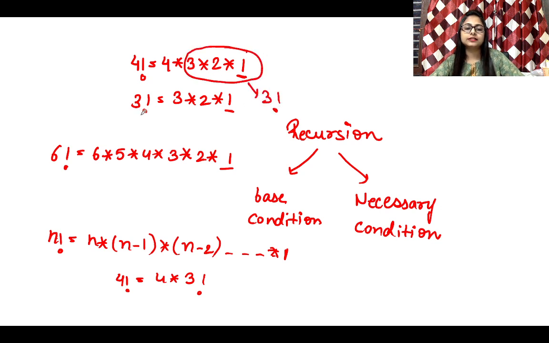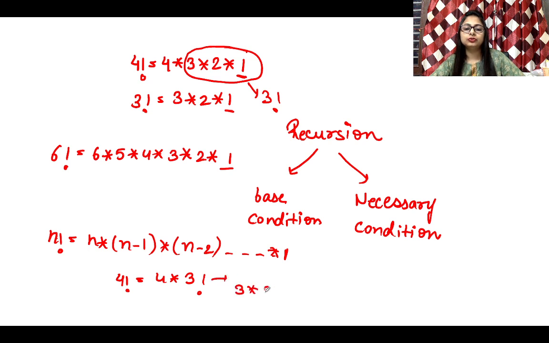Here, I am writing 3 factorial as 3 into 2 into 1. So can I replace 3 into 2 into 1 with 3 factorial? Then what will be left? 4 factorial equals 4 into 3 factorial. Right? Again, what will be the 3 factorial? 3 factorial will be the same.